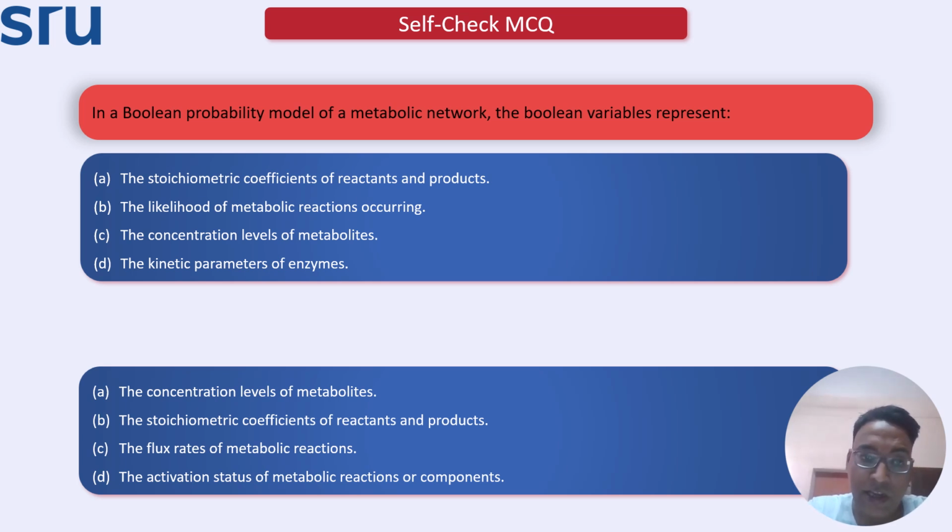Okay, so here, stoichiometric coefficients of reactants and products, this is wrong. The likelihood of metabolic reactions is wrong. The concentration levels of metabolites, yes, this is the right answer. The kinetic parameters of enzymes, this is wrong. So the Boolean variables mean the concentration levels of metabolites.